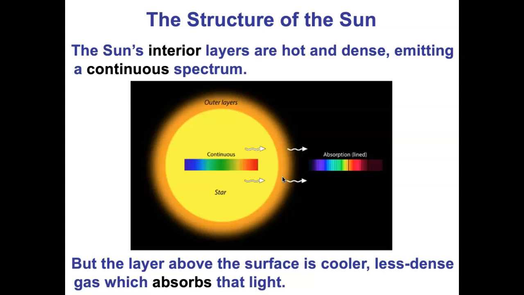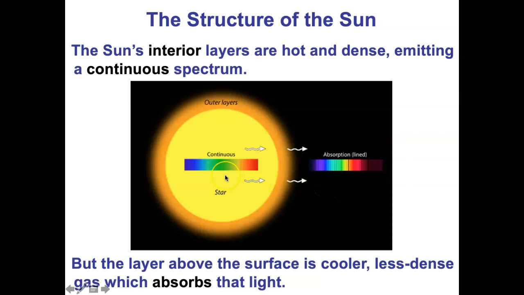And so, what does a cool, low density gas do with light? It absorbs it. So the core of the sun, let's say, is giving you a continuous spectrum. But as this light leaves the sun, it has to pass through this cool, low density layer, and this gas is going to absorb out those specific wavelengths, so that what we see leaving the sun and reaching the Earth is an absorption spectrum.